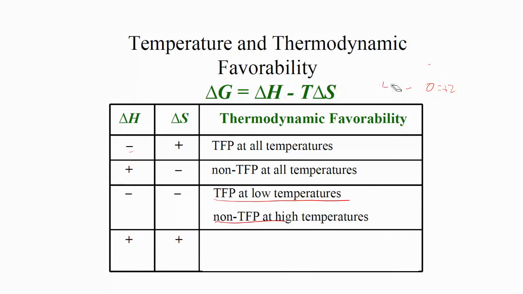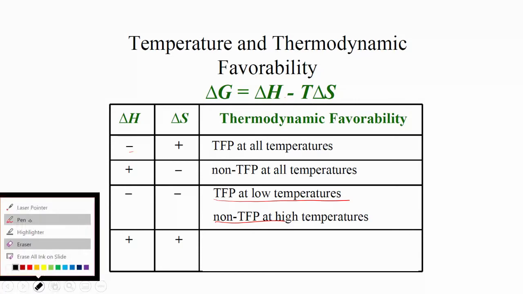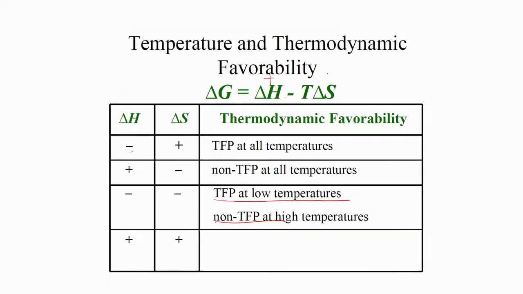So let's do our final one. What if I have a positive delta H value and a positive delta S? A positive delta S and a minus T, so minus times a positive is a negative. Again, temperature is a factor here. If I have a large delta H value, and we'll go back with the 400, and let's say my T delta S is a negative 200. 400 minus 200 is 200.